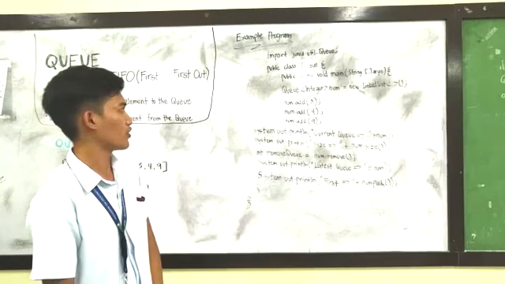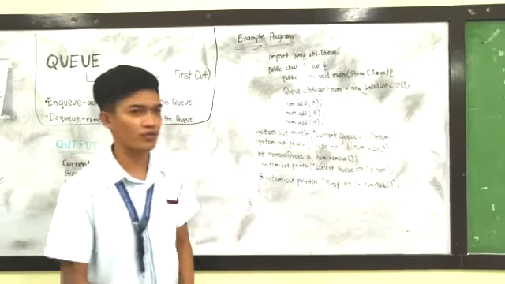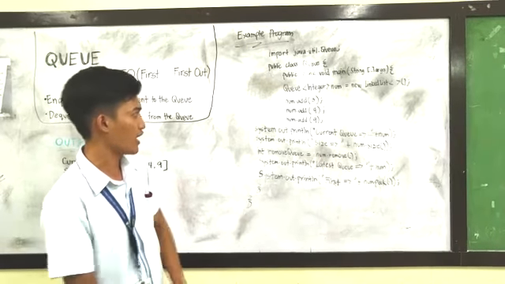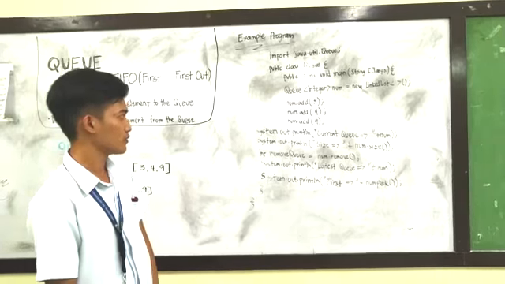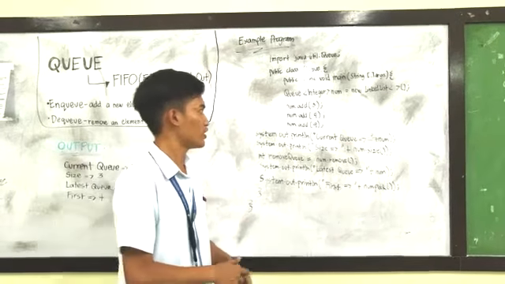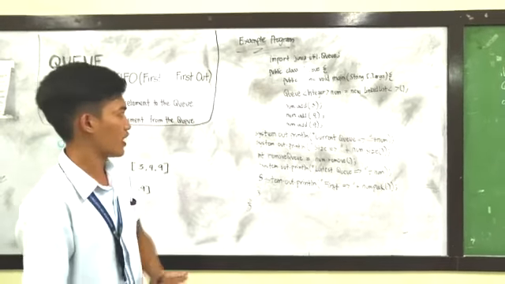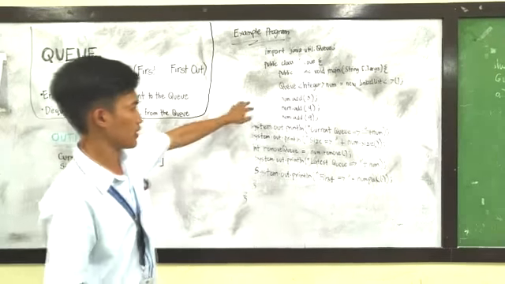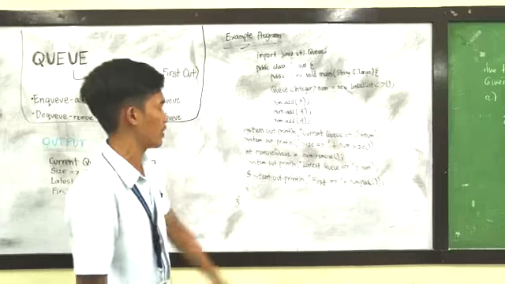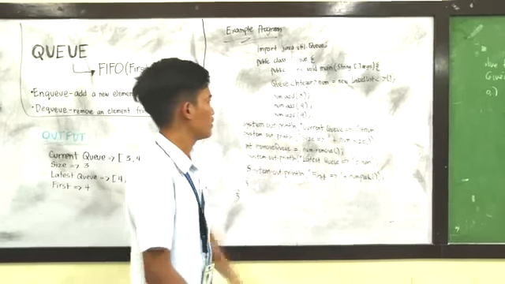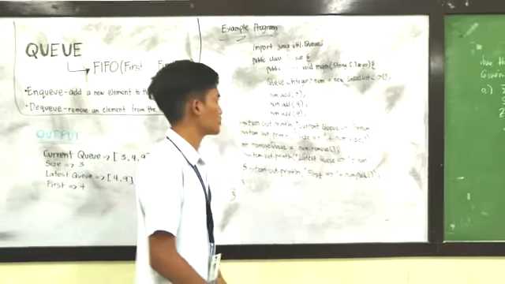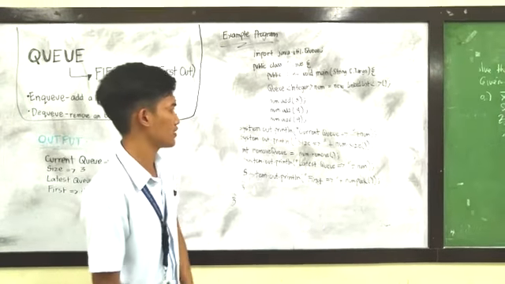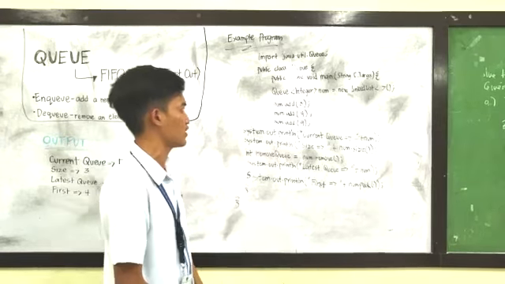But in this program, we choose add instead of enqueue because enqueue is accessible in only a few programs, and add is universal for any type of program. So I have these three programs, and it has num, the variable of the program, .add(3) ending with a semicolon. Then num.add(4), ending with a semicolon.